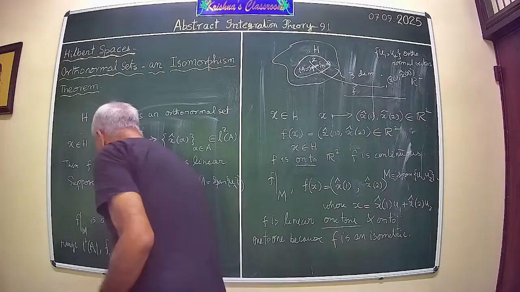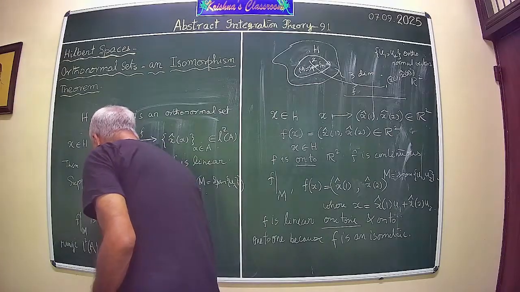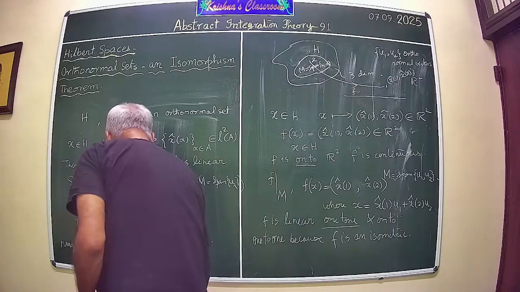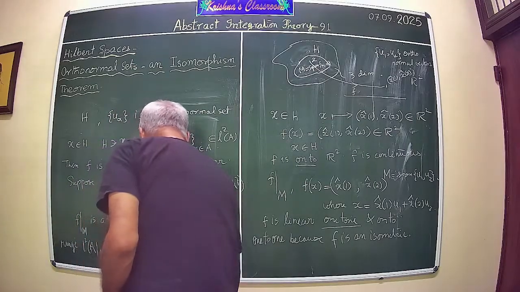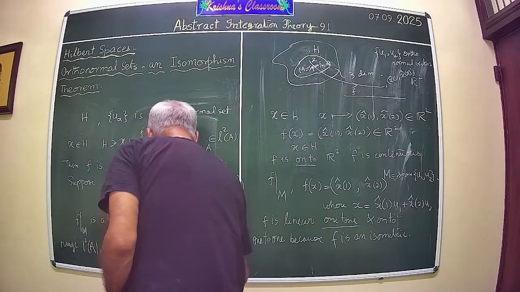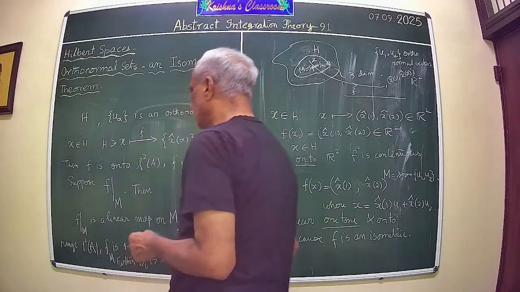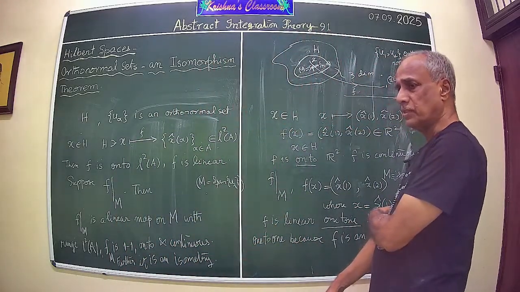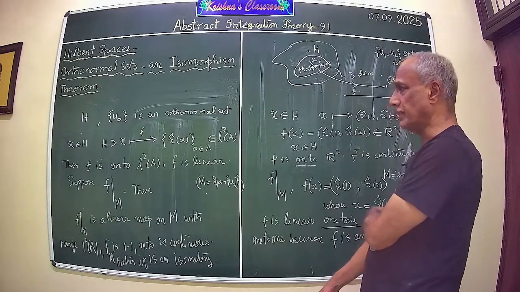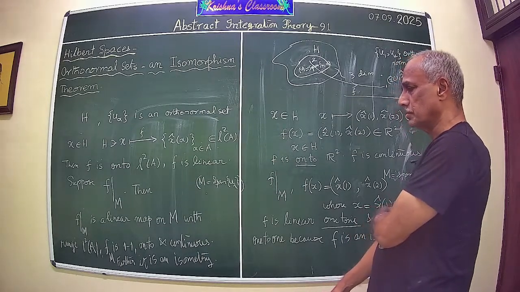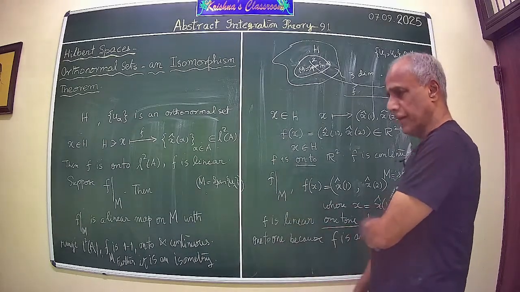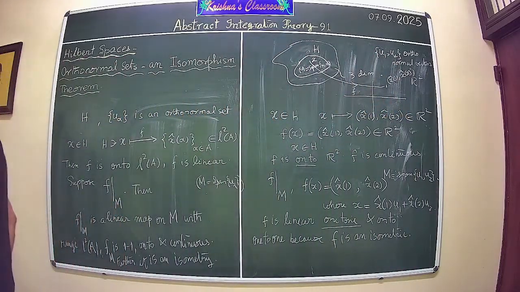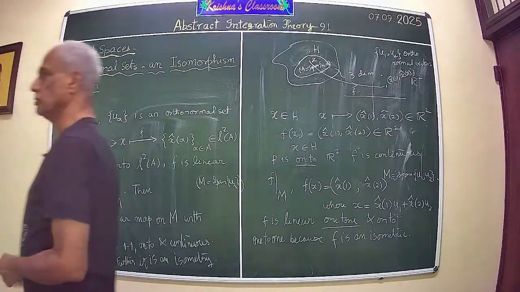Further, it is an isometric. That means it's a distance preserving map. In H, you have a distance defined through the inner product. In L2A also, there is the distance that you define through the small L2 norm.